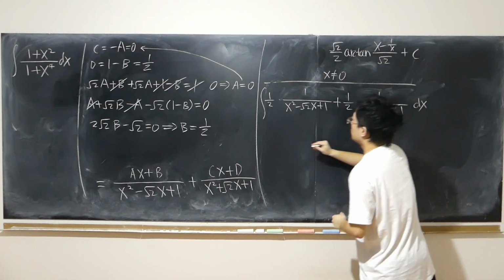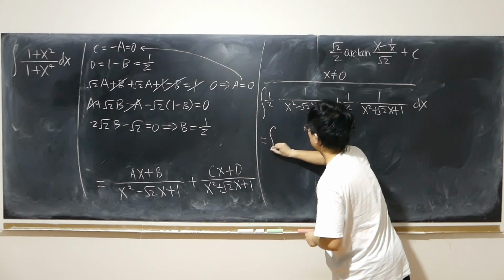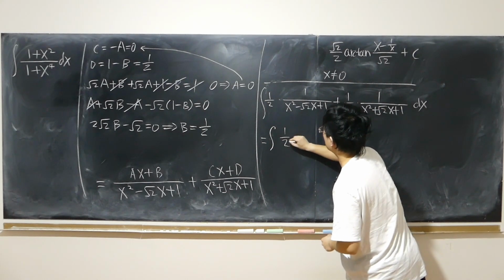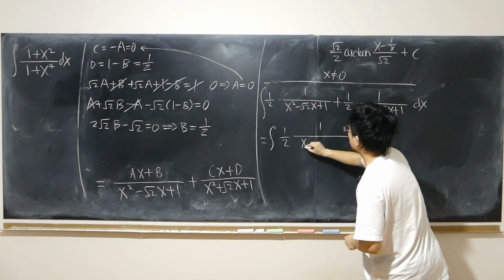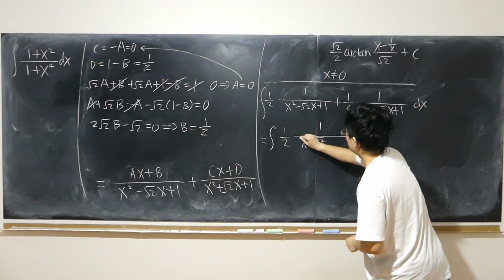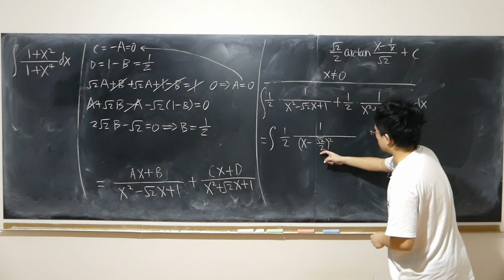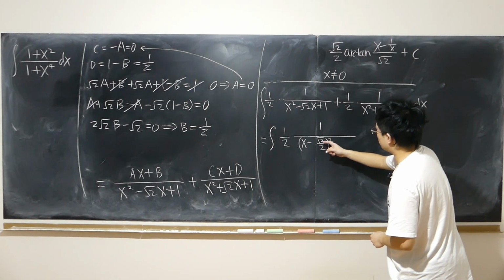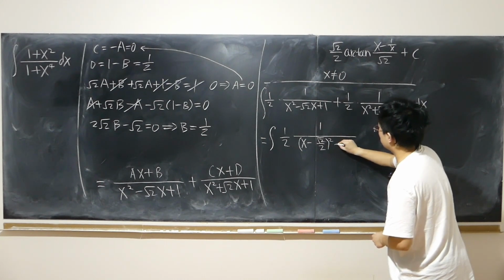That should be equal to x minus half square root of 2, squared, plus half.